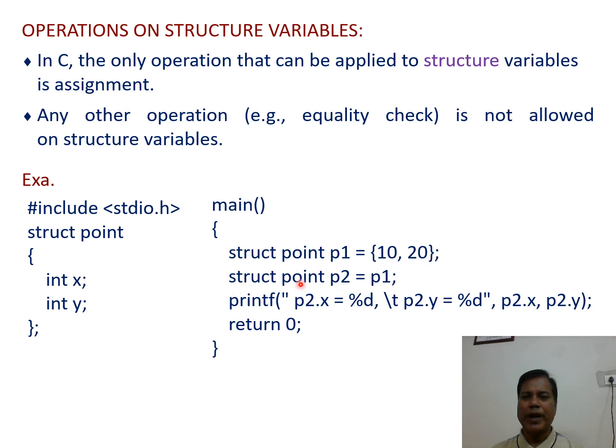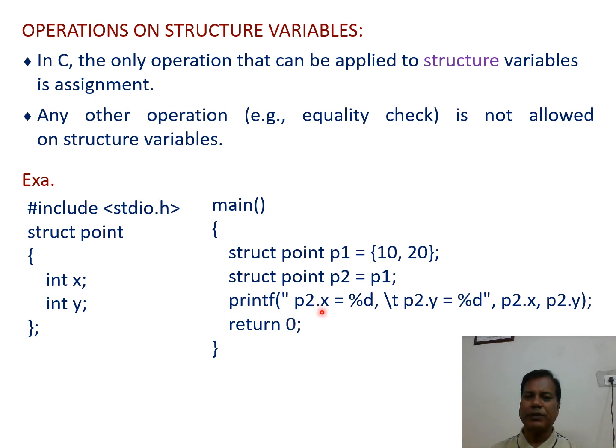Then struct point p2 = p1; Using this statement, another structure variable p2 is declared and it is assigned the value of p1. So the value of structure variable p1 is assigned to structure variable p2.